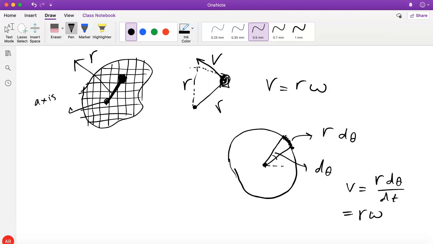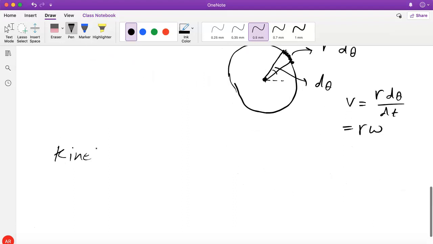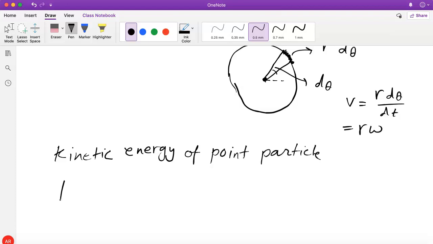All right, so we have that. We know that the velocity for every little piece is r for that little piece, so r depends on where the piece is, times omega. And then remembering what the kinetic energy was for a point particle, kinetic energy K is 1/2 mass times velocity squared.